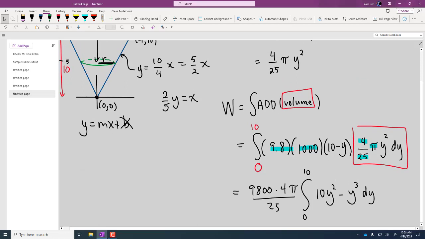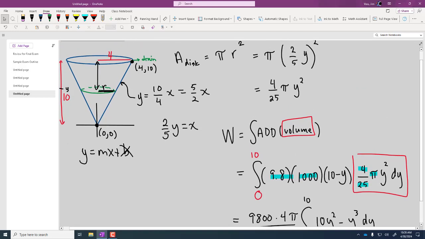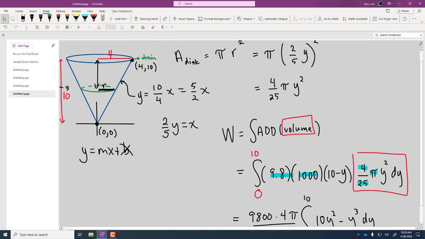So then the slight modifications of this, if the drain was, say, 2 meters above the top of the tank, 12 minus, then what would change? The distance the water travels. Instead of it just traveling up to a height of 10 and being pumped out, it has to travel to a height of 12, so its distance would be 12 minus y.